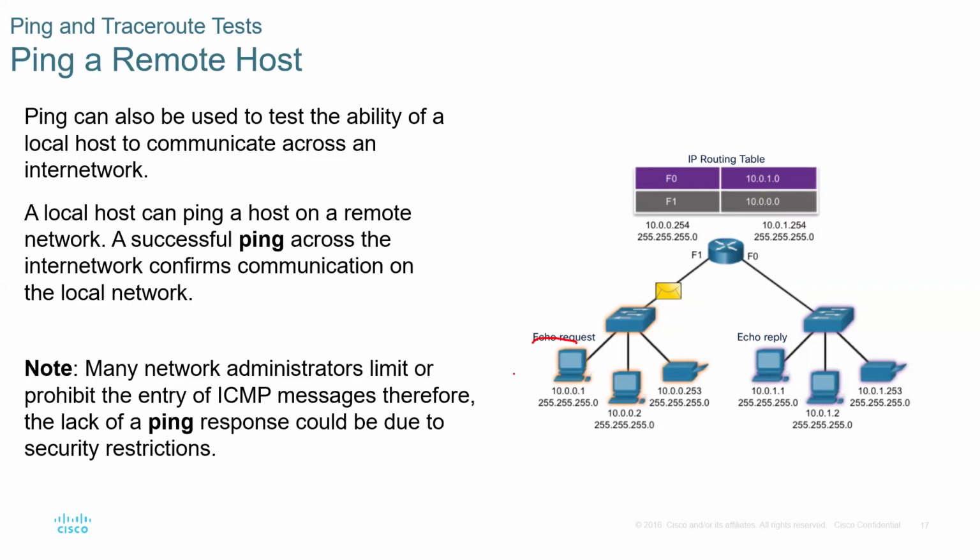For instance, this is this PC here, and you want to test reachability of this PC here. This is a particular network. This is another different network. They are all separated by this router.